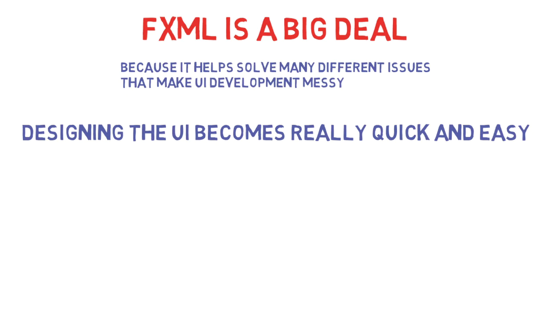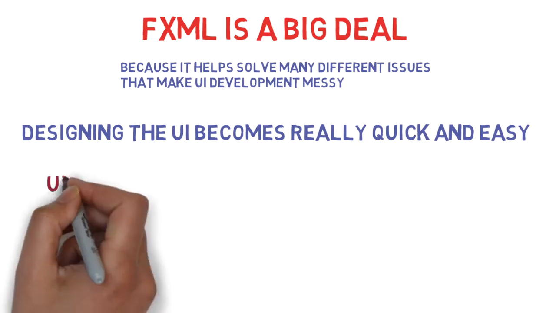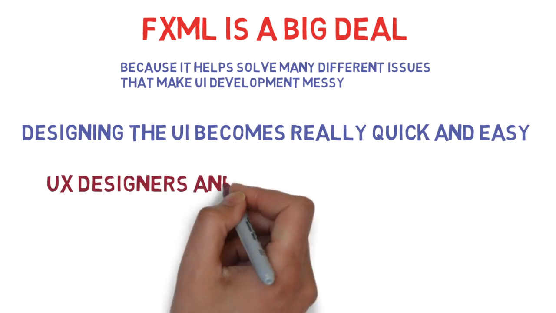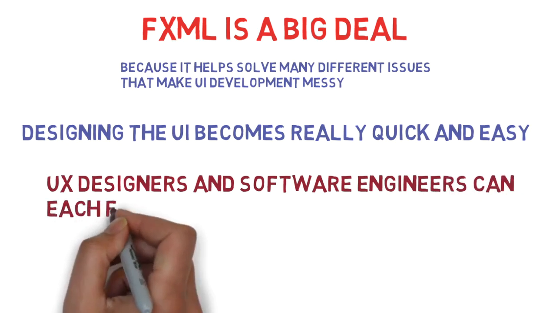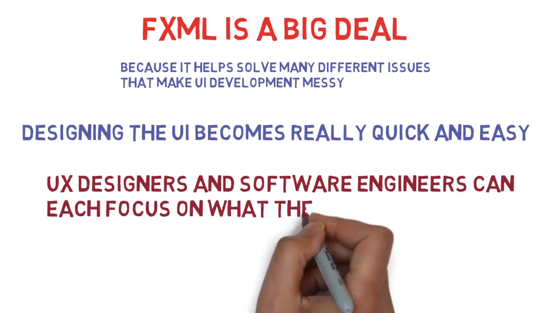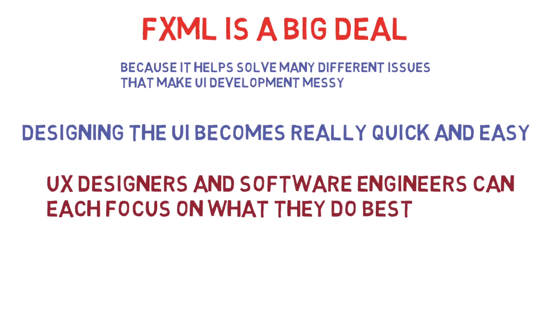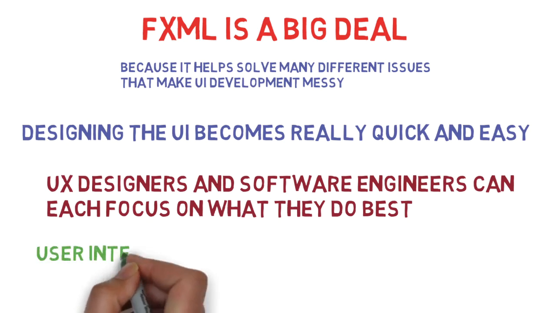What is the additional implication of this? This means that UX designers and software engineers can each individually focus on what they do best. UX designers are great at designing UI and determining how it should look and how it should interact. Software engineers are great at writing the code behind the UI, making sure it works correctly and predictably.